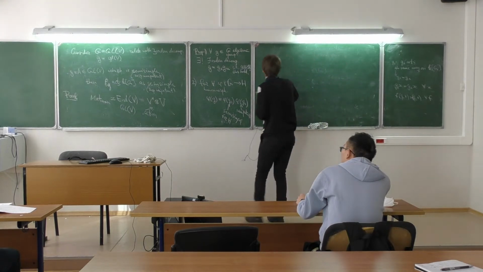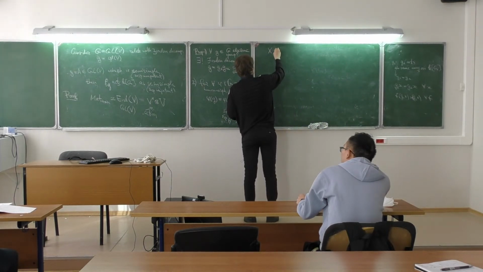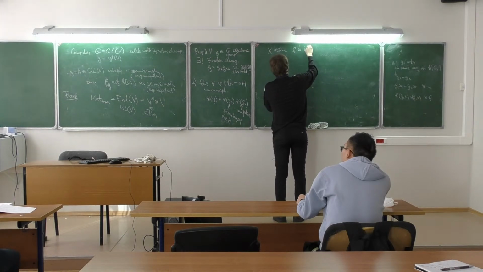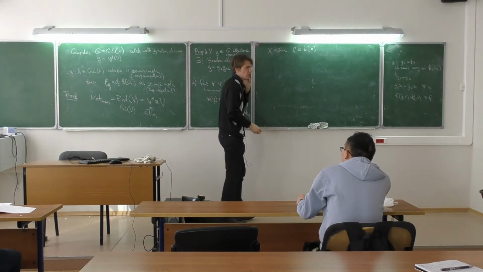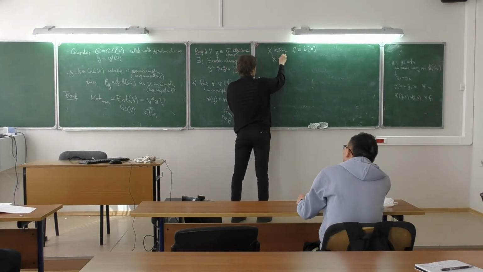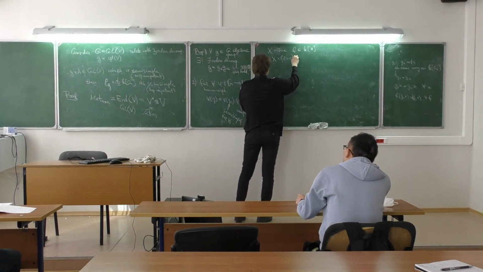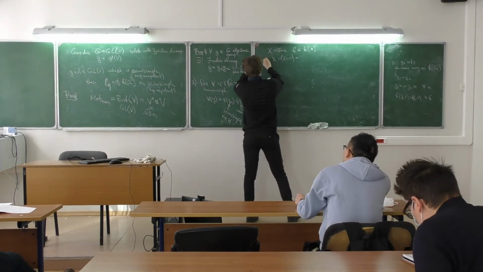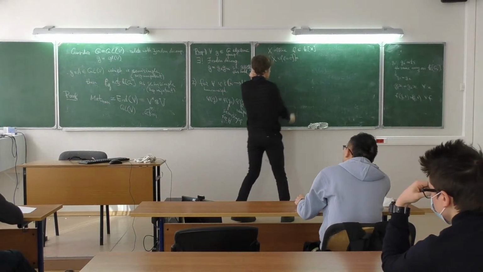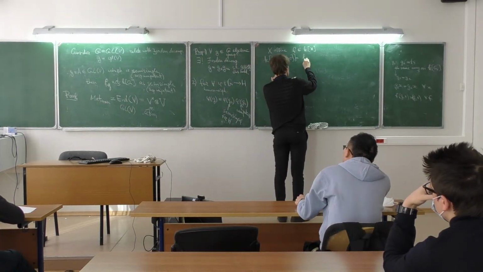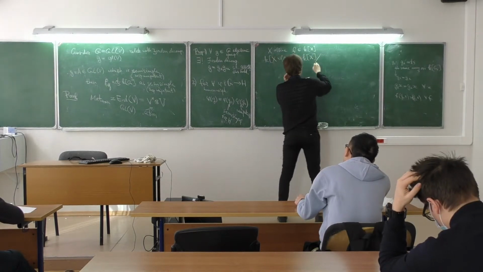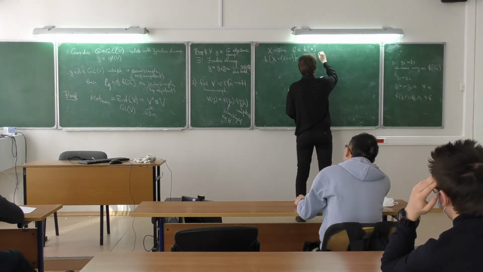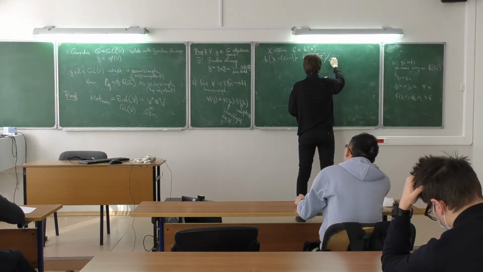Recall that if you have an affine variety X and f is a function, you can identify the set of x without the zero set of this function as follows: the algebra of functions on this affine variety is K[X] with an additional variable t, modulo ft minus 1.